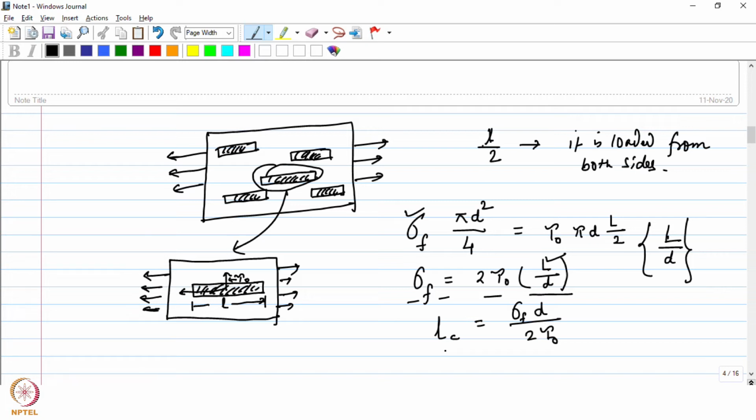But the fact is, when the load is high, the matrix material also will start to yield. So at a higher load, chances are the matrix will start to deform plastically. And even when the fiber length exceeds the critical length, the average stress at the mid length of the fiber will be lower than the maximum fiber stress. Okay, because as I said, when the load is high, chances are the matrix yielding will also occur.